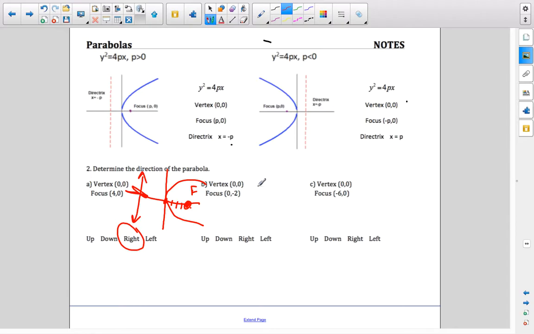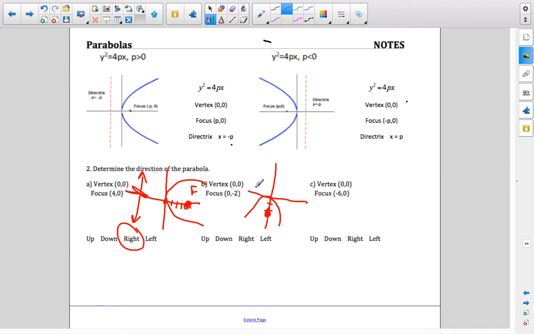Okay, on the next one, our vertex is at 0, 0, and our focus is at 0, negative 2. So we're going down this way. Remembering that the focus is always on the inside of the parabola, it will be opening down.